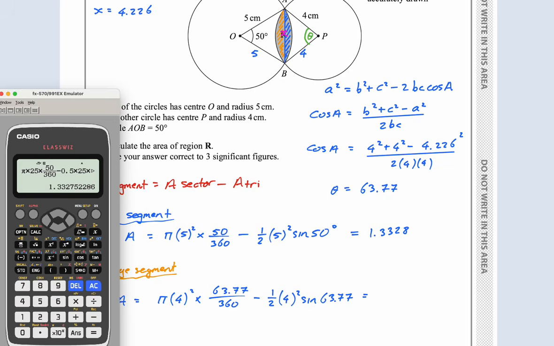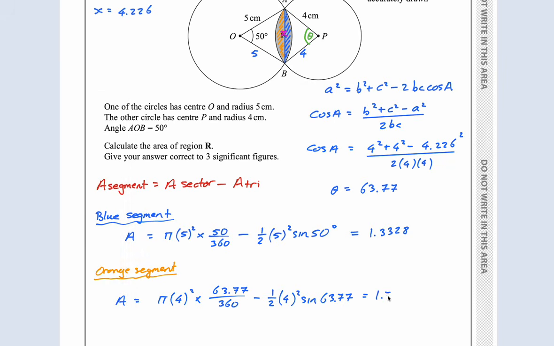And this equals, yes guys, I know this is very hard. So we have pi times 16 for 4 squared times 63.77 over 360 minus a half, 0.5, times 16 for 4 squared times sine of 63.77, which gives 1.7278. So that is the orange segment.